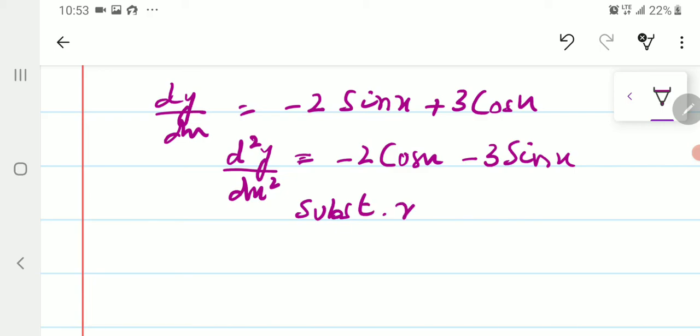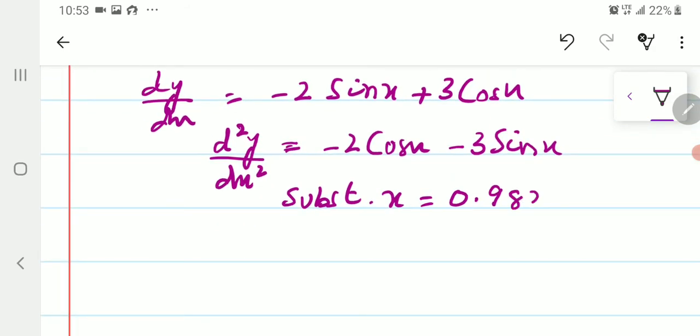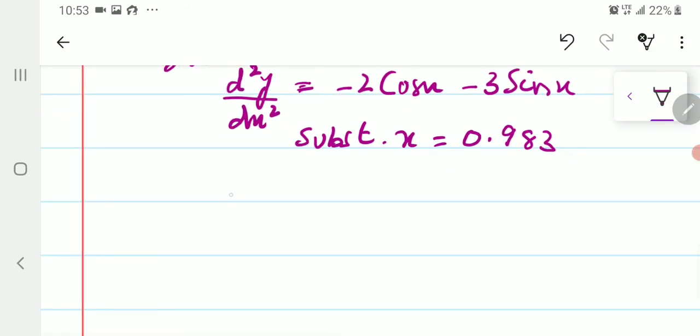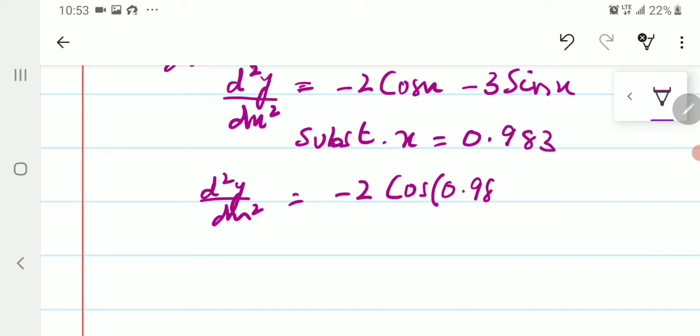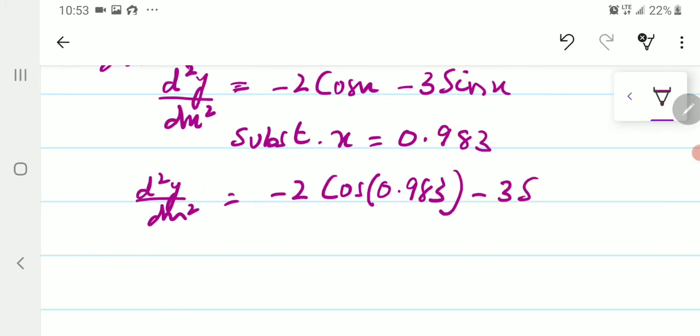Substituting x equals 0.983 in place of x, so minus 2 cos 0.983 and minus 3 sin 0.983.